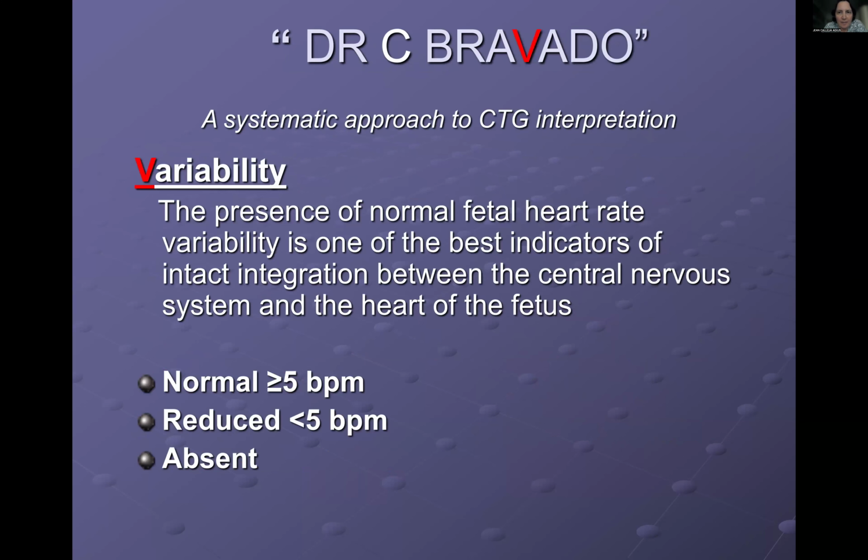All right, the variability. Probably they're all important. The baseline rate, the variability, the accelerations, they're all important. But probably the variability is the best or one of the best indicators that there is an intact integration between the central nervous system of the fetus and the heart of the fetus, meaning that it's probably the best indicator of proper oxygenation of the baby, right?